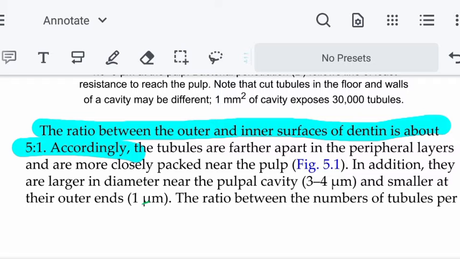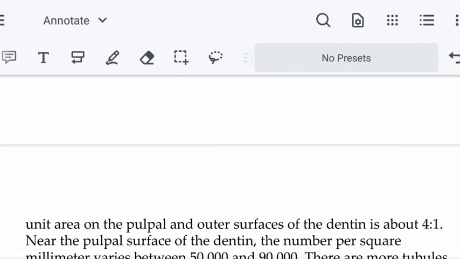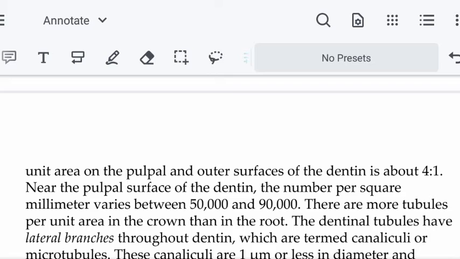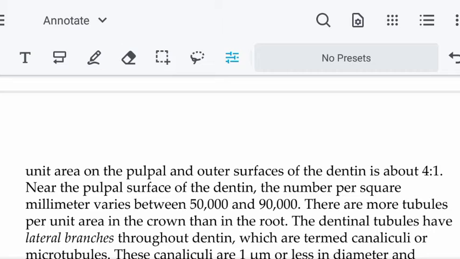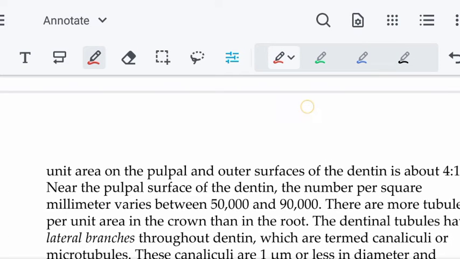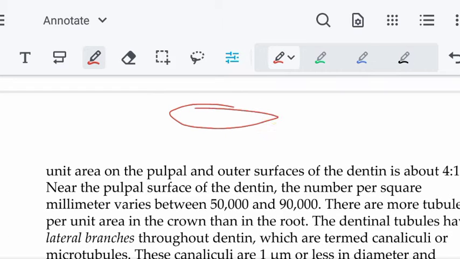The ratio between the number of tubules per unit area on the pulpal and outer surface of the dentin is about 4:1. See, if this is the periphery, this is the pulpal surface. So per unit area, 4:1.